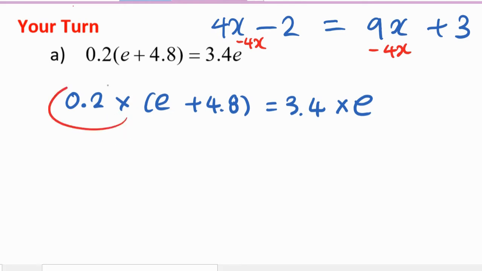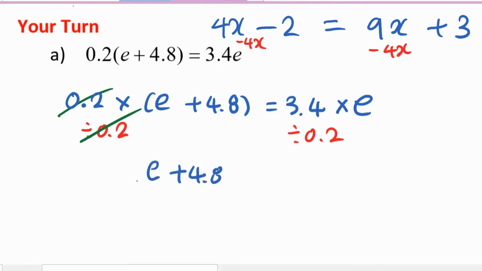Multiplying 0.2, we're going to divide 0.2 from both sides. Then this will be gone, and I have E plus 4.8 in brackets, but you can omit the bracket because there's nothing else but this one, right?